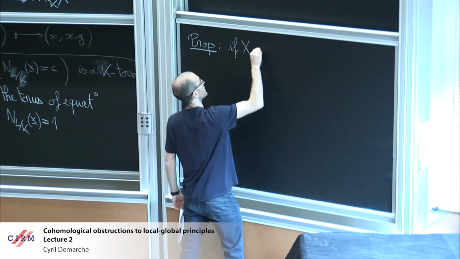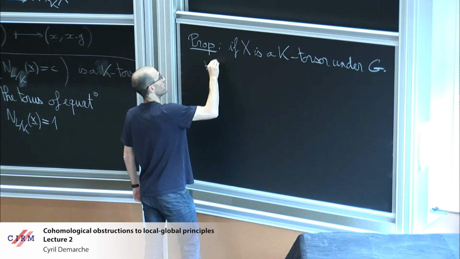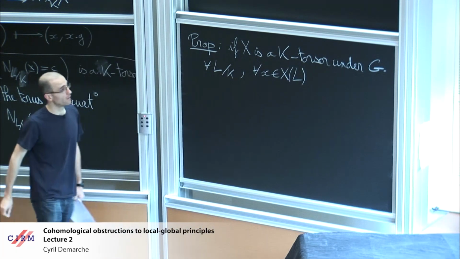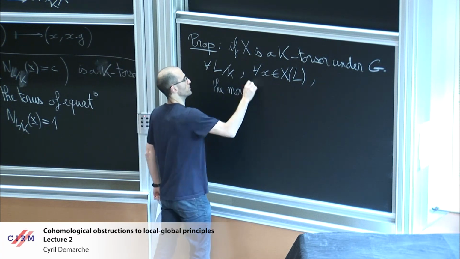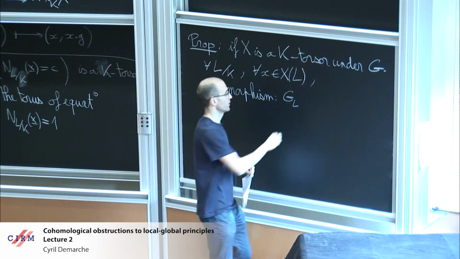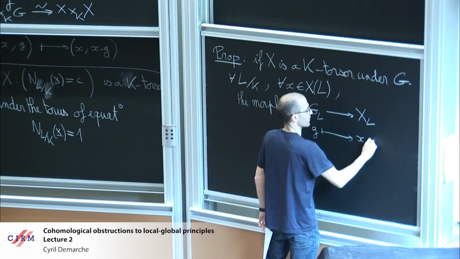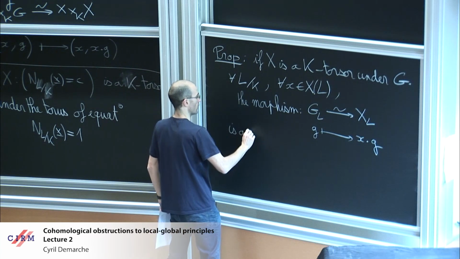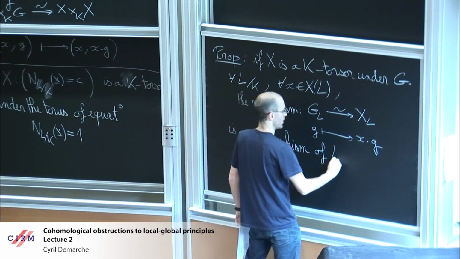If X is a K-torsor under G, then for any field L containing K, and for any point in X(L), the morphism mapping G extended to L to X, with the obvious map given by the action on X, is an isomorphism of L-torsors.